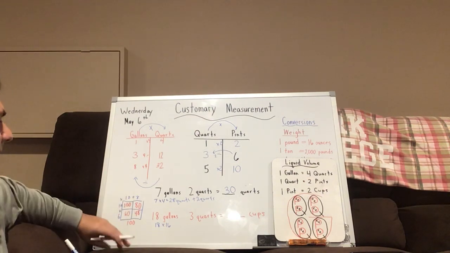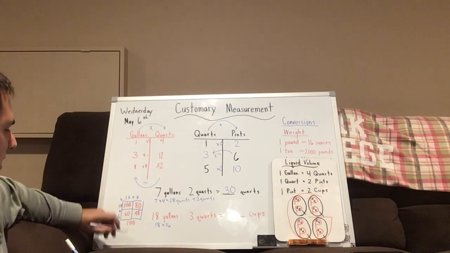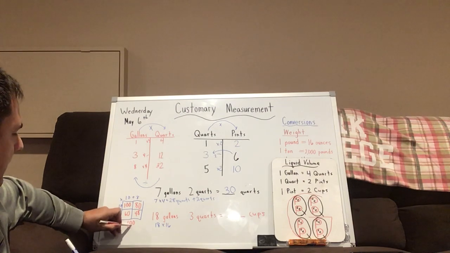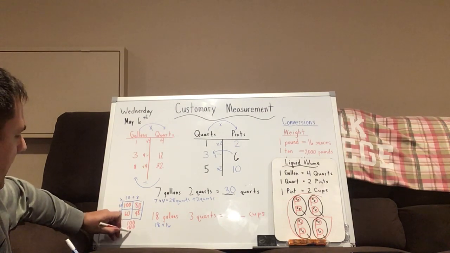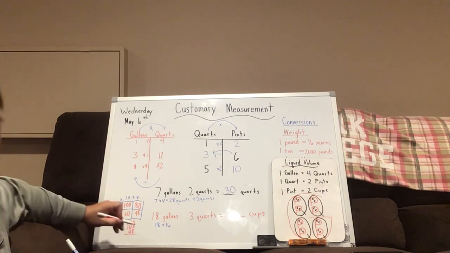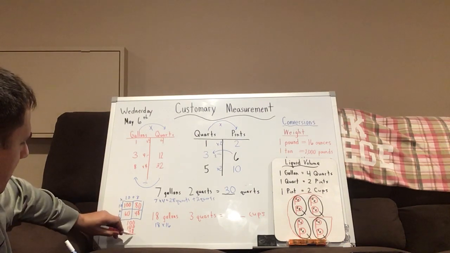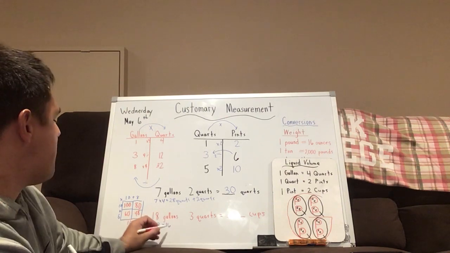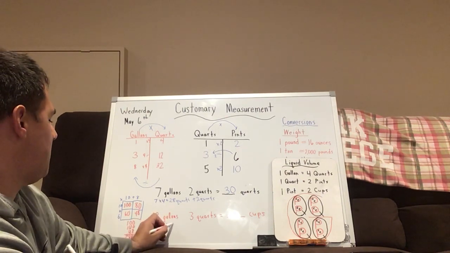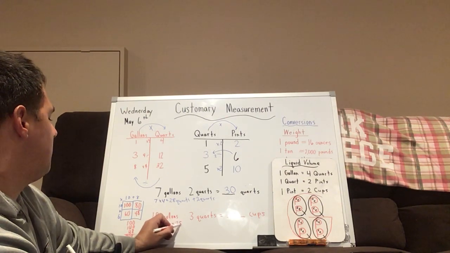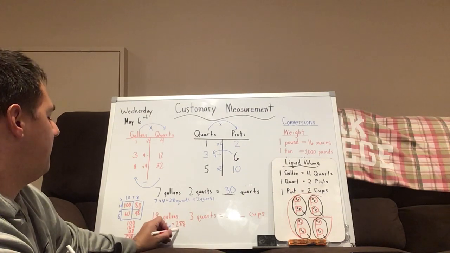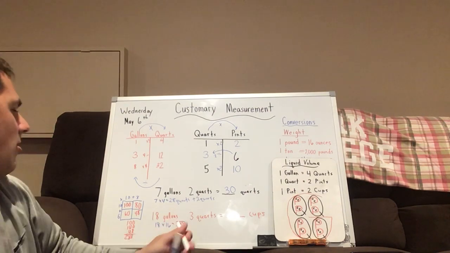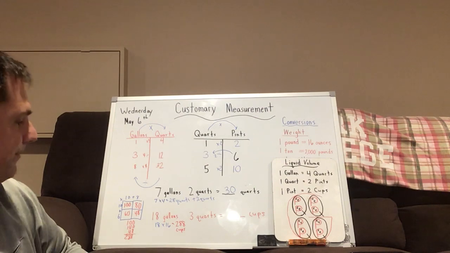I know 60 plus 80 is going to be 140, so I'm just going to combine them. And then last I have my 48. So when I add all of those up, I get 288. So 18 times 16 is 288, and that's the amount of cups there are in 18 gallons.